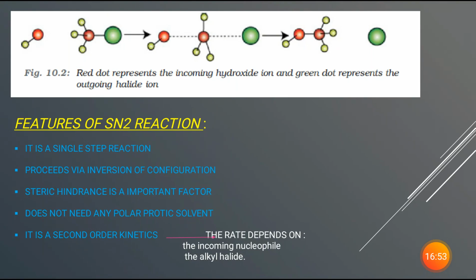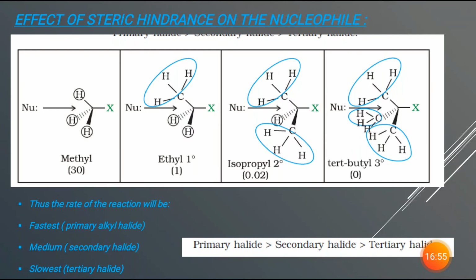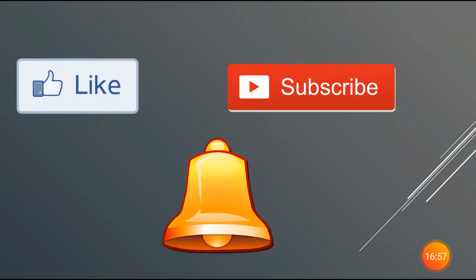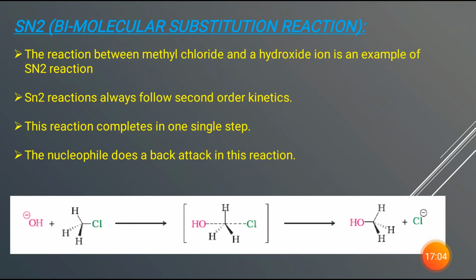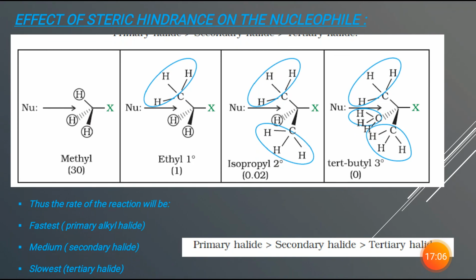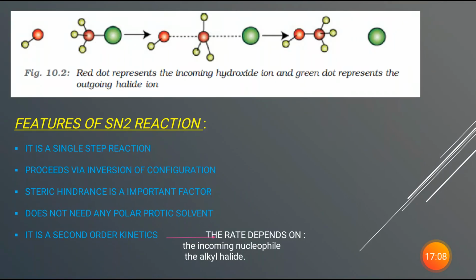In SN1, stability of the carbocation is an important factor, whereas for SN2 reaction, steric hindrance is a very important factor. SN1 is a first order kinetics, SN2 is a second order kinetics. That means the rate of the SN2 reaction depends on the incoming nucleophile as well as the concentration of the alkyl halide or the haloalkane.